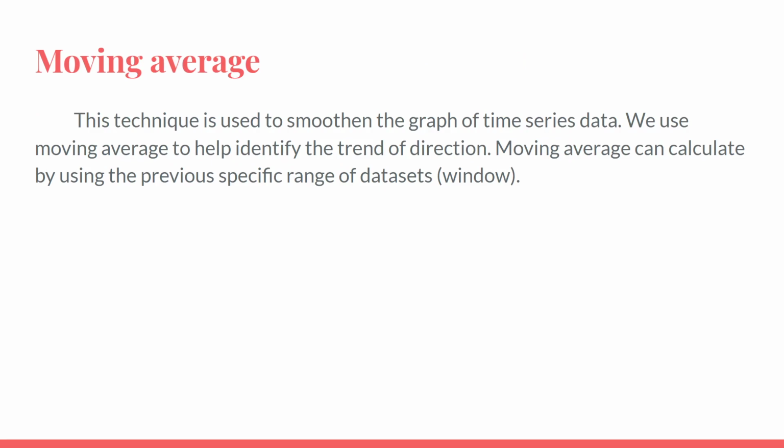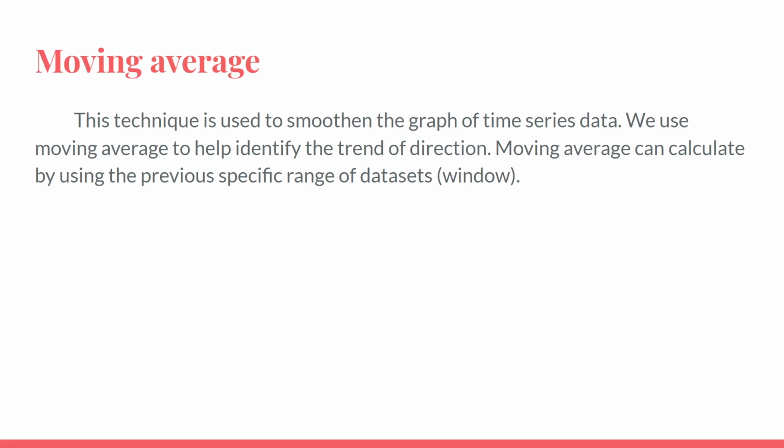So let's move to the next, moving average. This technique is used to smooth the graph of time series data. We use moving average to help identify the direction of the trend. Moving average can be calculated by using the previous specific range of the data set, called a window.